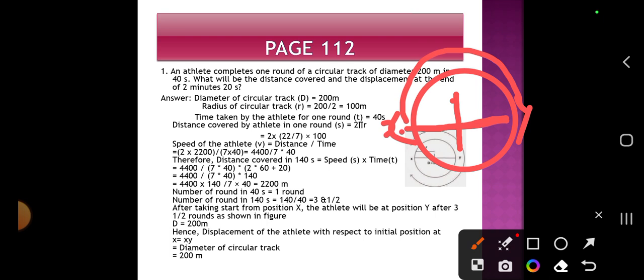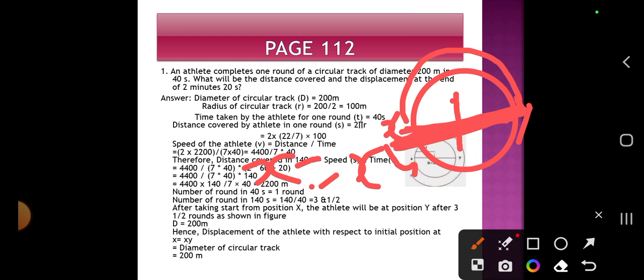So the displacement will be from X it will reach Y, that means XY. We need to take the displacement from X to Y, that is XY total.